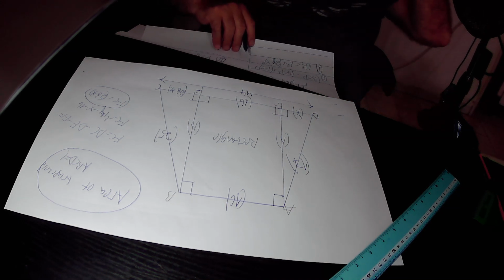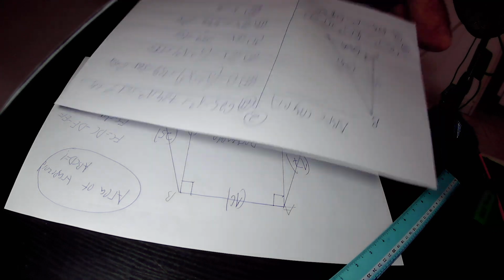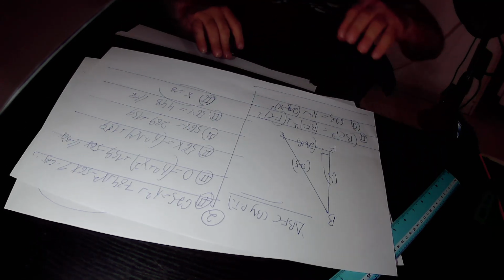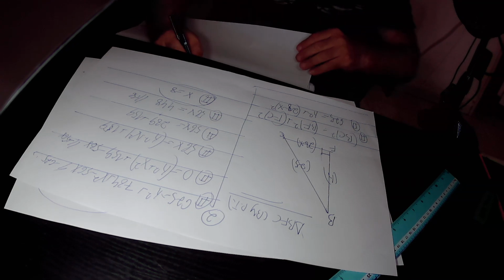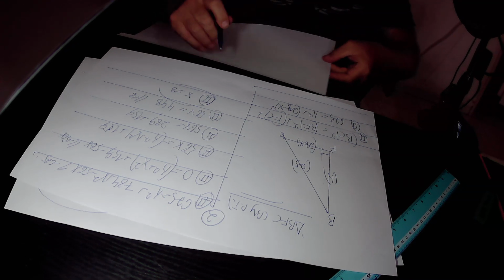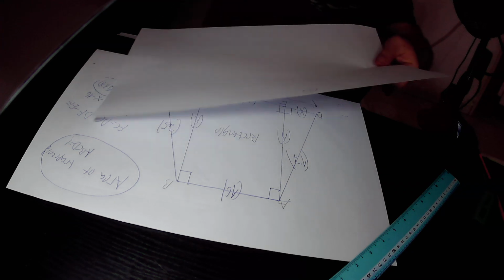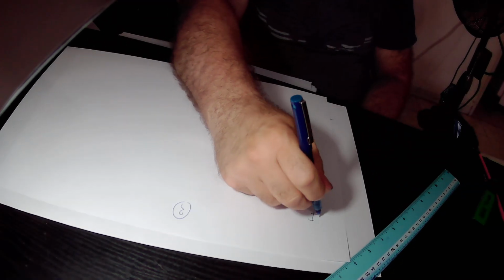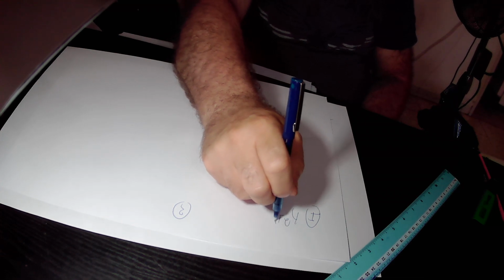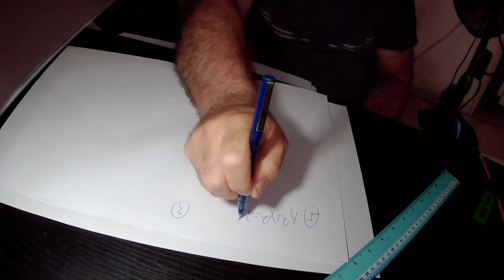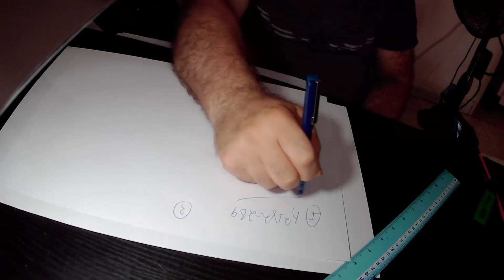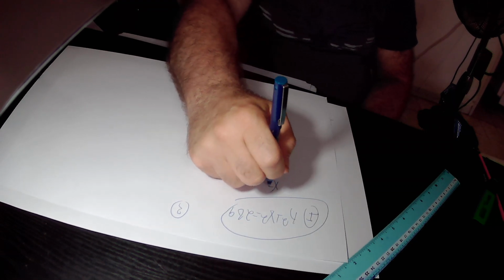Okay? So, we already found out that according to equation 1, h squared plus x squared equals 289. We just found out that x equals 8.